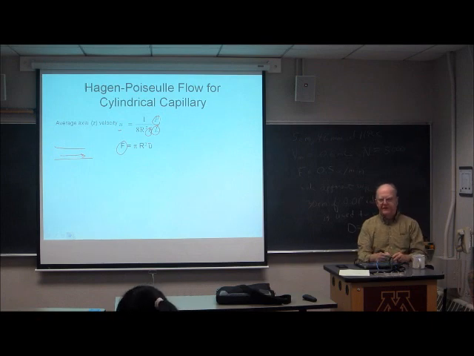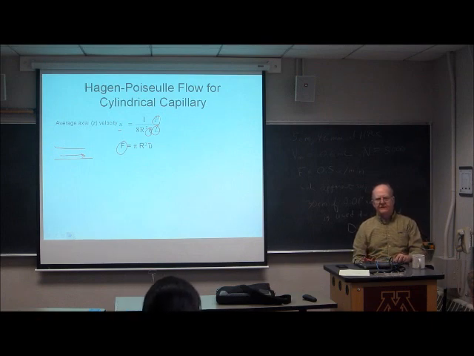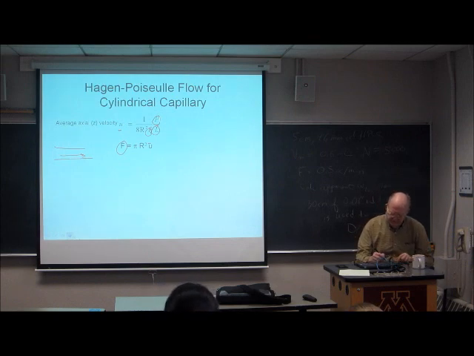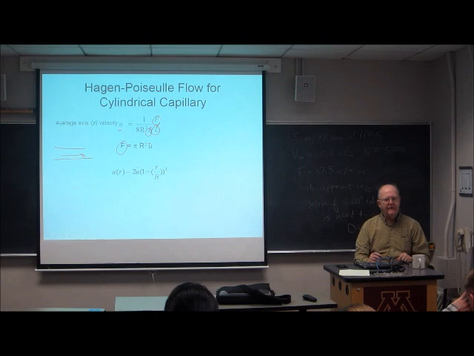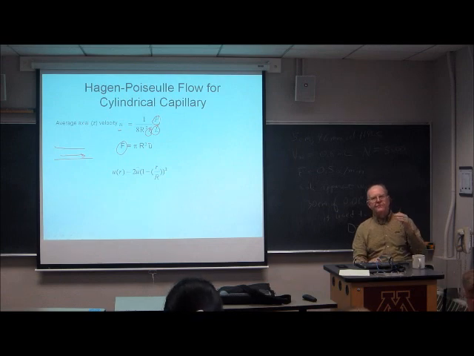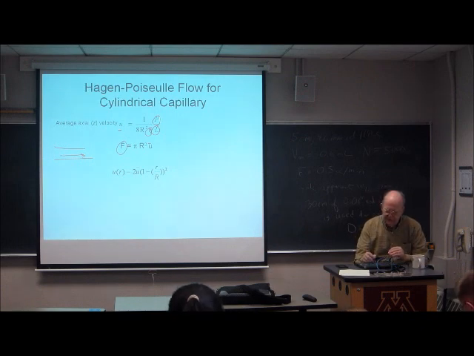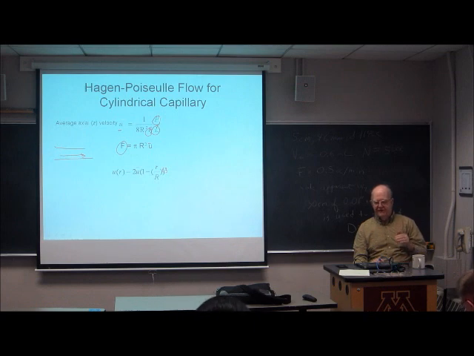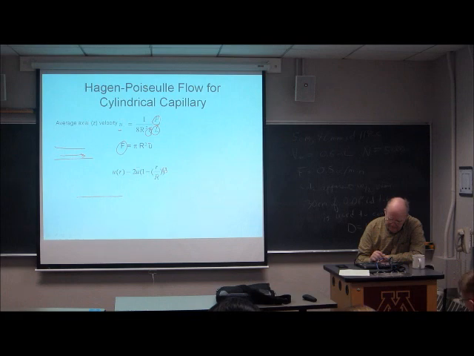But there's one more part to this that really is absolutely critical, and that is the fact that the velocity, the z velocity, is not independent of distance from the wall of the tube. It has a quadratic dependence, a square dependence, on the distance from the center of the tube. So there's the tube.